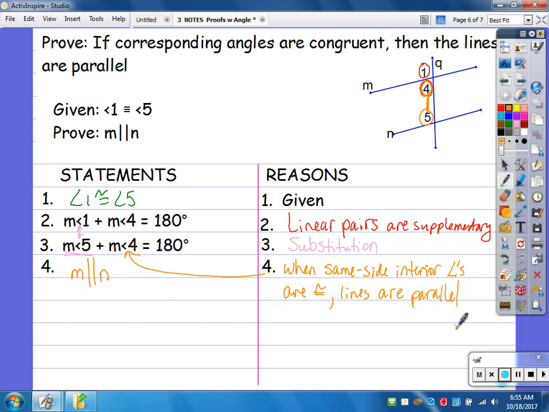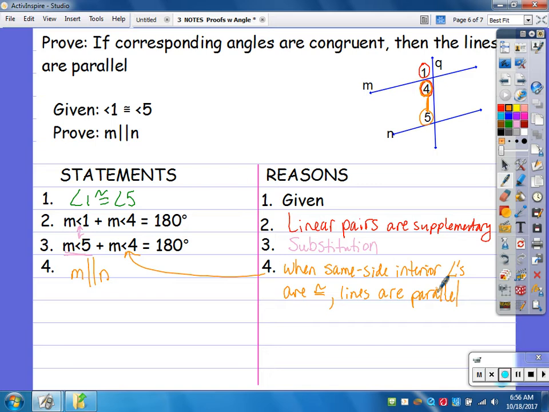All right, because again, remember all of those angle pair relationships work both ways. So if the lines are parallel, then your angle pair relationships are true. And then we could say that in reverse. The converse of that is that if the angle relationships are true, then the lines are parallel. So since we were able to show that the same side interiors were supplementary, then we could say that the lines are parallel.